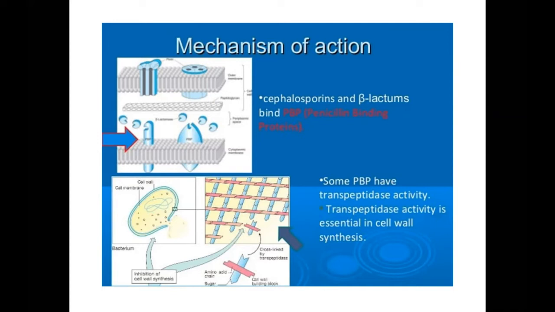The cephalosporins also bind to a penicillin binding protein, but one which is different than that of the penicillin. Penicillin binds to a different penicillin binding protein, and cephalosporins and other beta-lactam antibiotics bind to different penicillin binding proteins. So this explains the difference in the antibacterial spectrum.